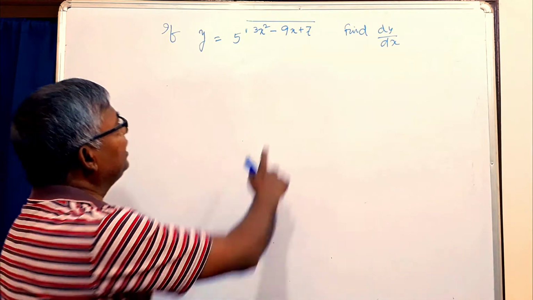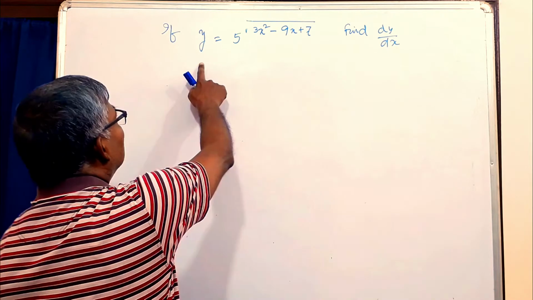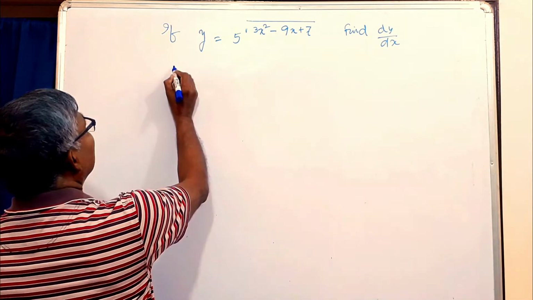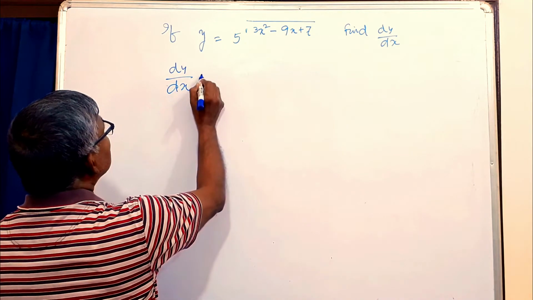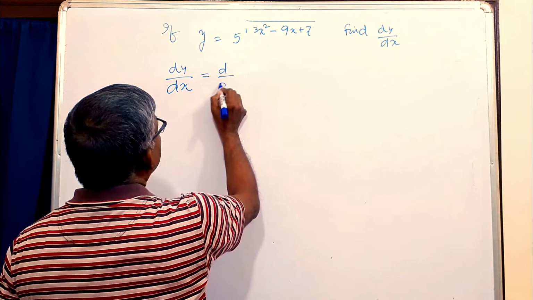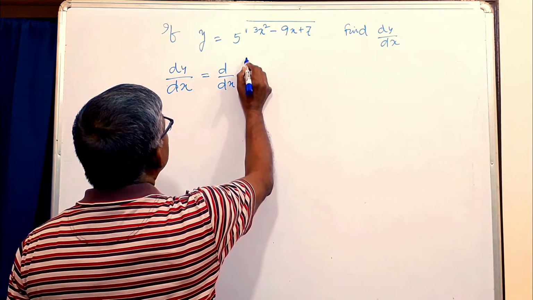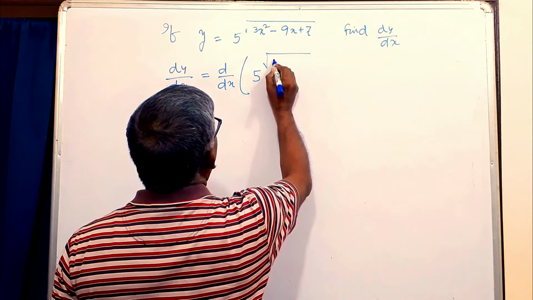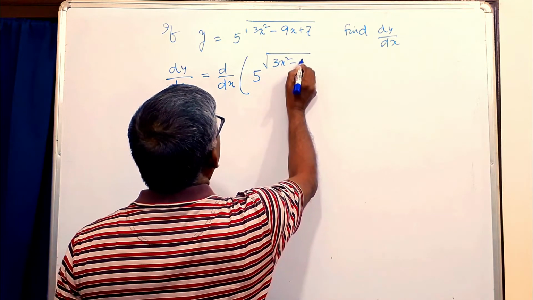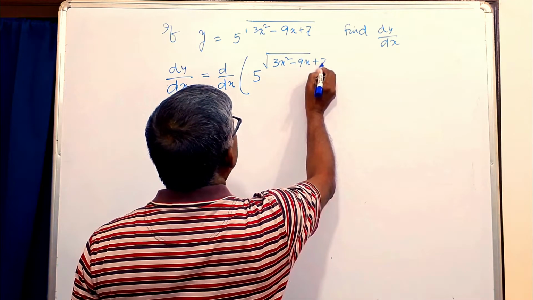We can find dy/dx from this relation directly. Here dy/dx means d/dx of 5 to the power 3x square minus 9x plus 7.